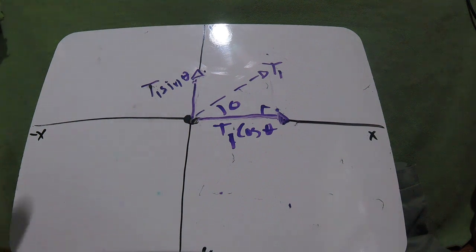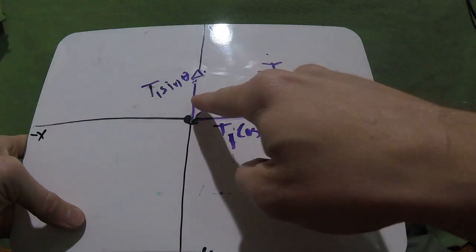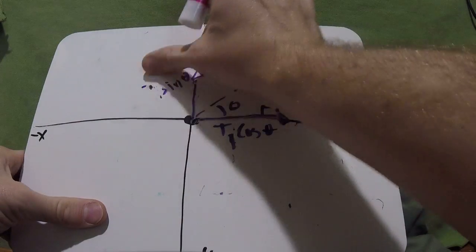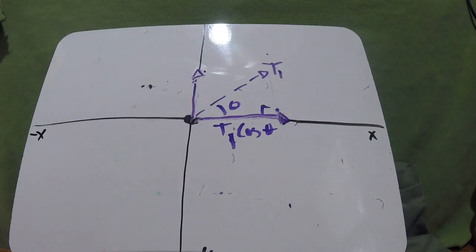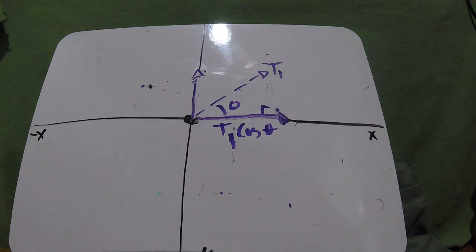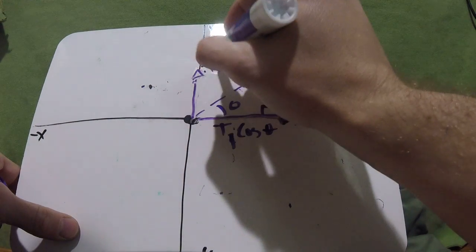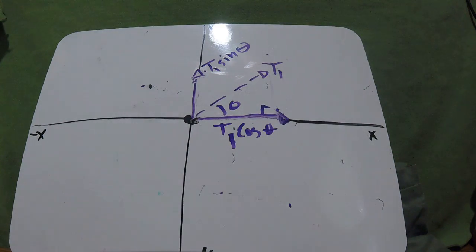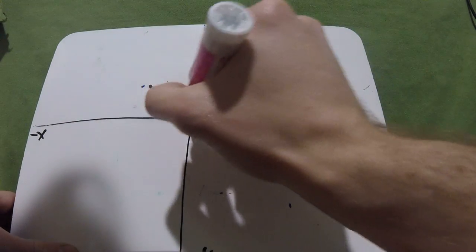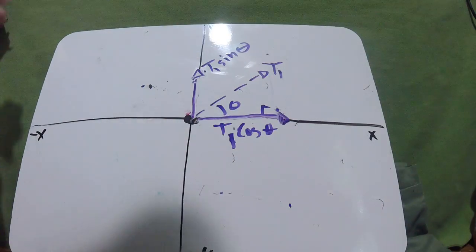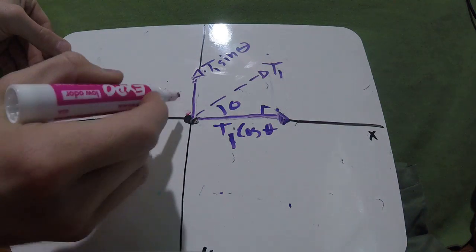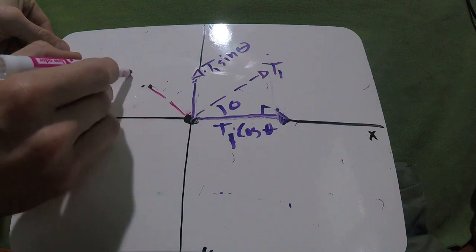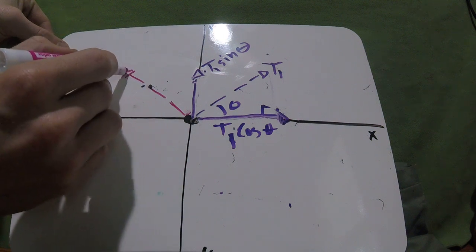So I'm going to erase, no, I'm not going to erase T1. So the process is exactly the same for our force vector in the T2 direction, right?